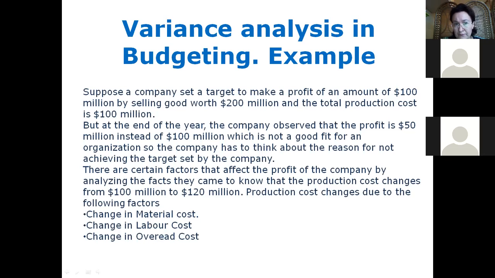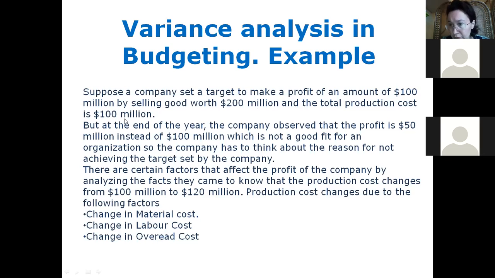So let's imagine that our company set a target to make a profit of 100 million, and our company is going to sell goods worth 200 million, and the total production cost is going to be 100 million.